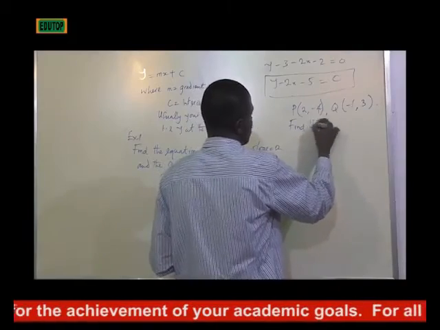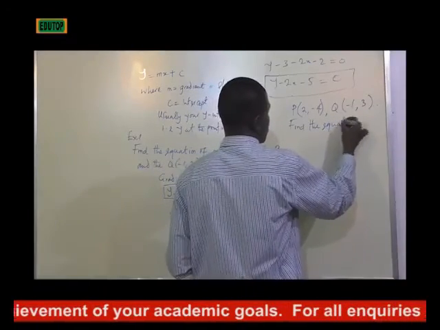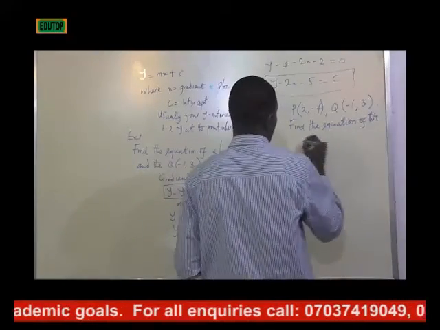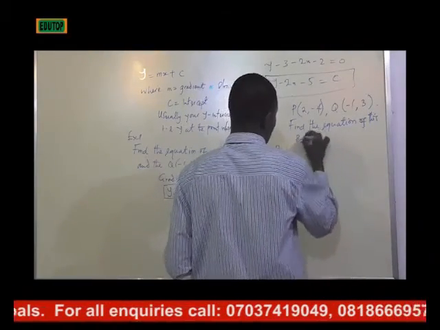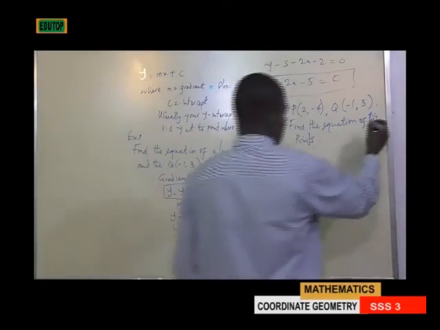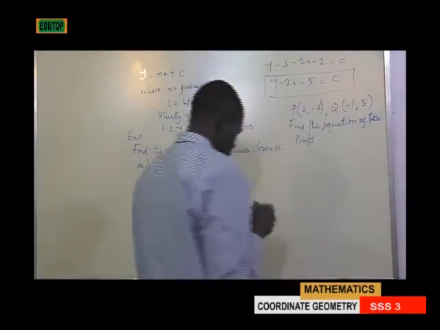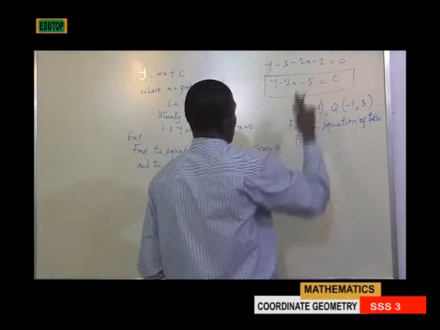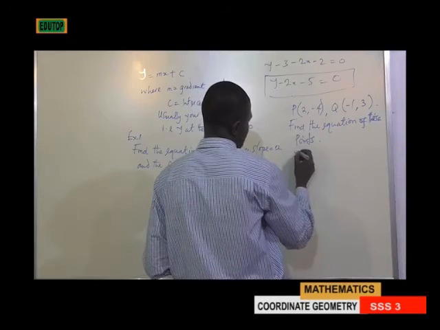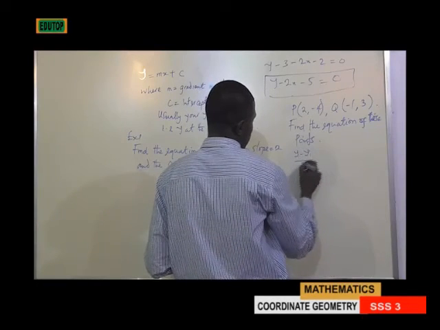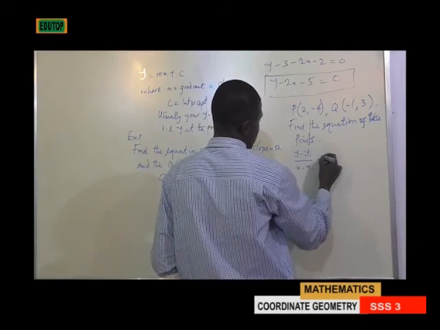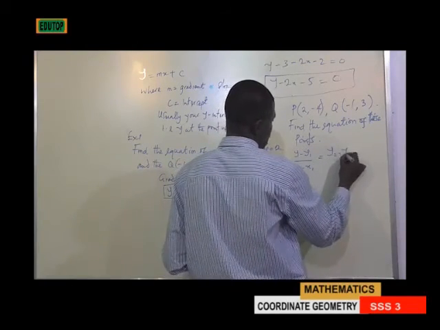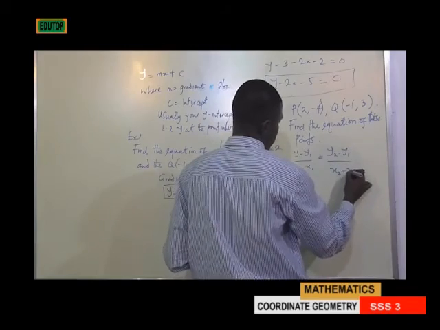Find the equation of these points. As we find the equation of these points, here we have (y minus y1) over (x minus x1) equals (y2 minus y1) over (x2 minus x1).